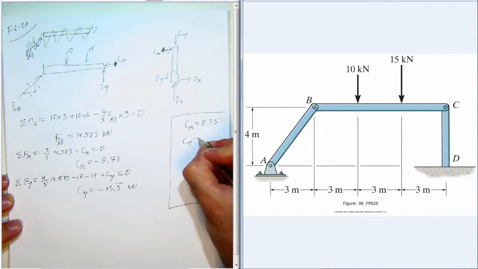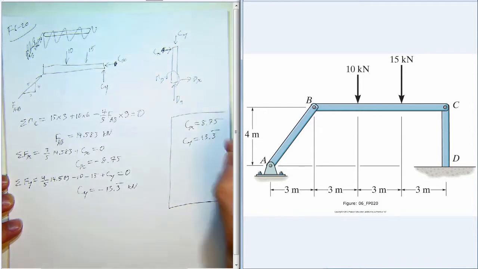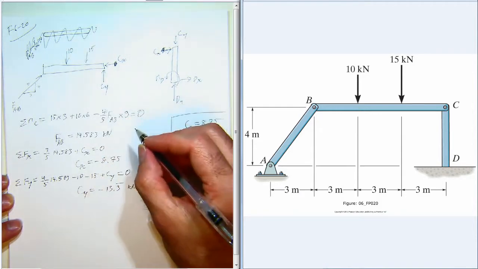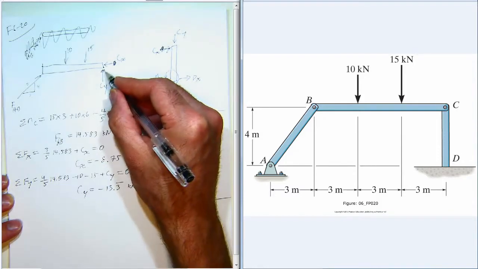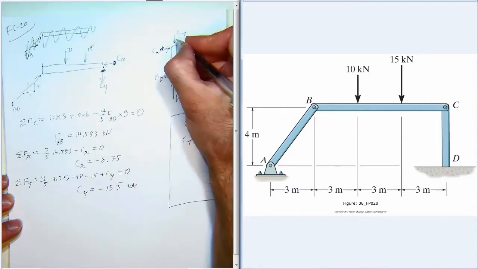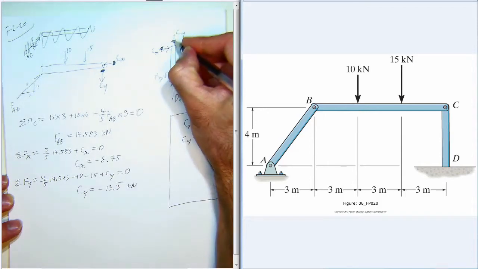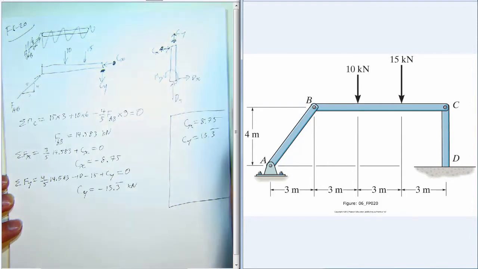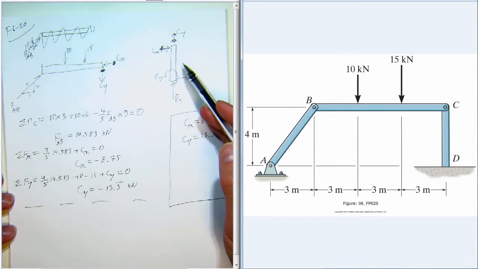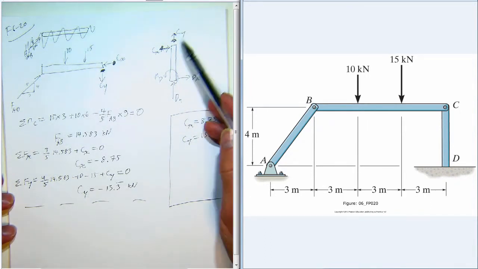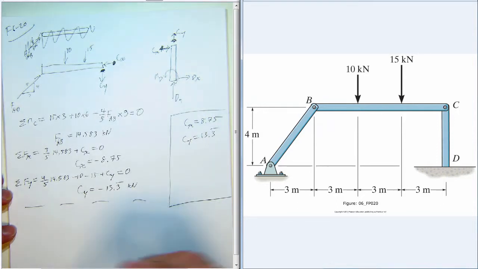So Cy acts down on member BC. So I went ahead and put that over here, and now I'll change the free body diagrams. So it's down on BC, that means it's up on CD. Now we can apply the equations of equilibrium to member CD because Cx and Cy are known values.